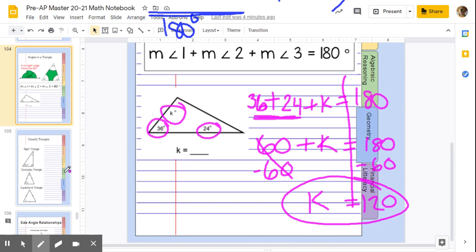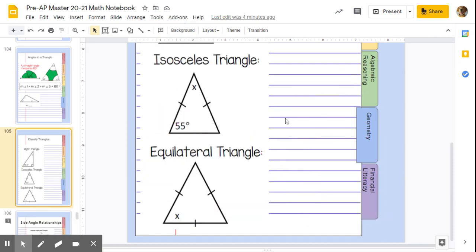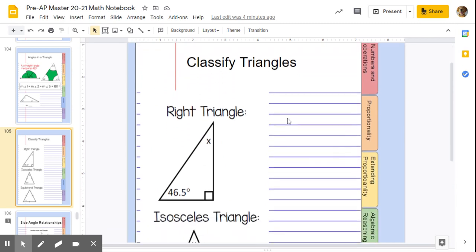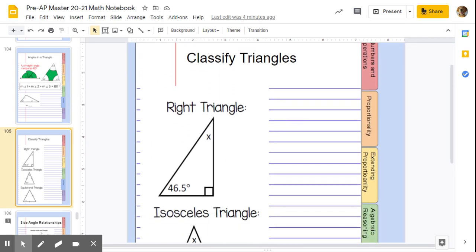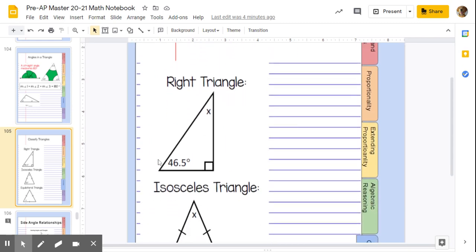All right, the second thing we're going to look at here is how to classify a triangle. So when we have different triangles, our triangles actually have names. The first kind of triangle we have is a right triangle.